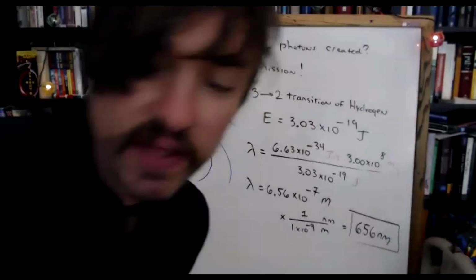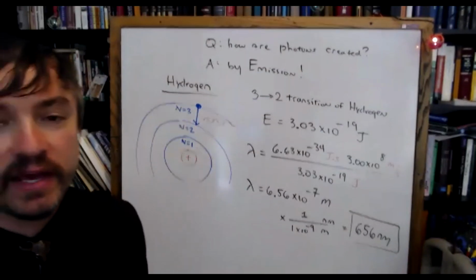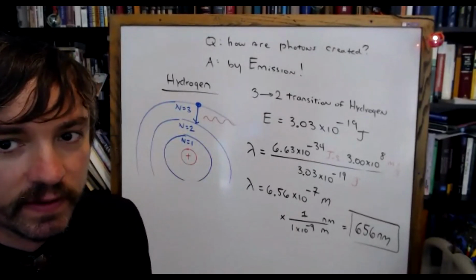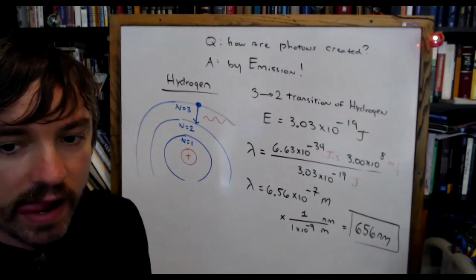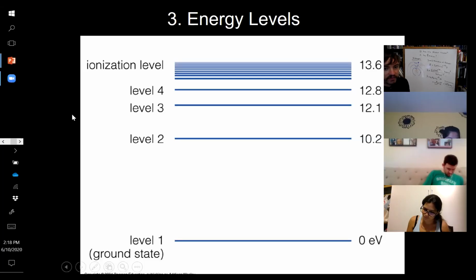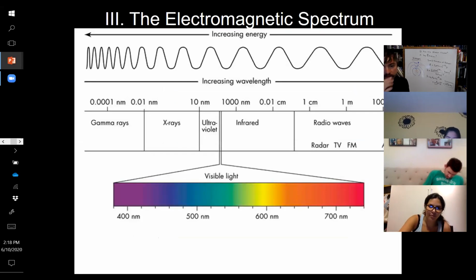In what regime of the electromagnetic spectrum would I find a 656 nanometer photon? VIBGYOR, which is what?